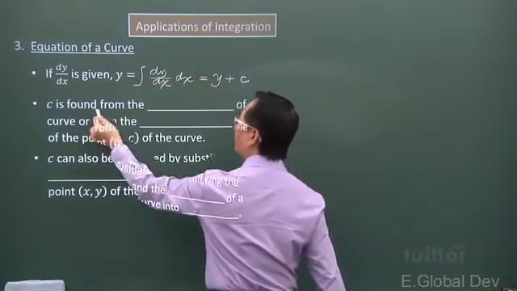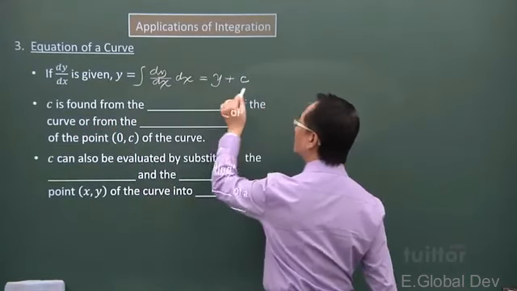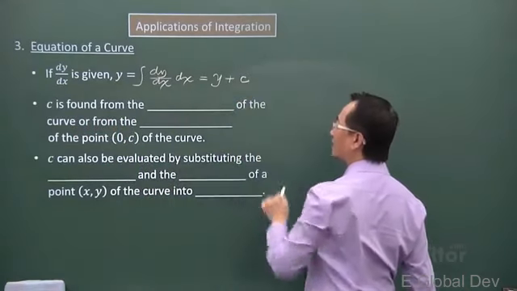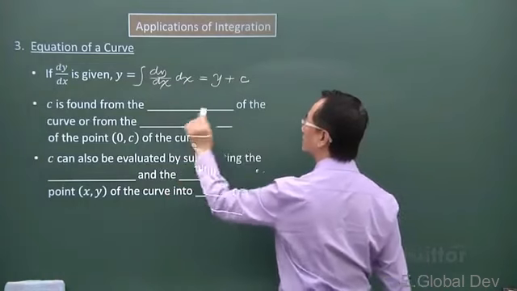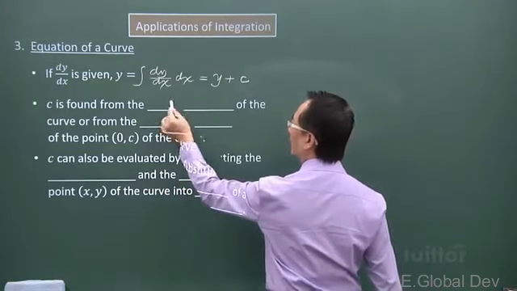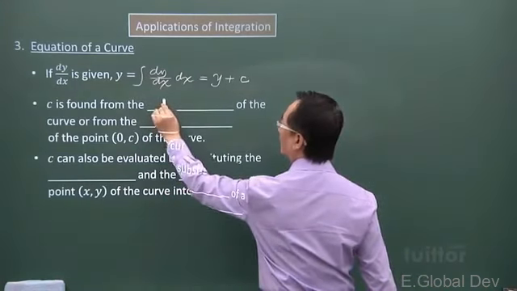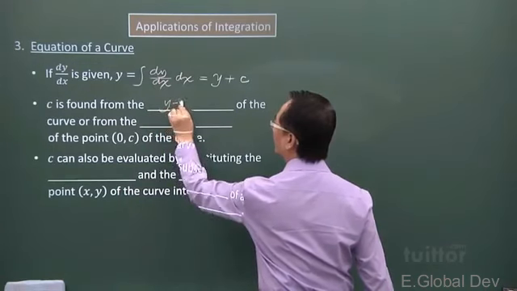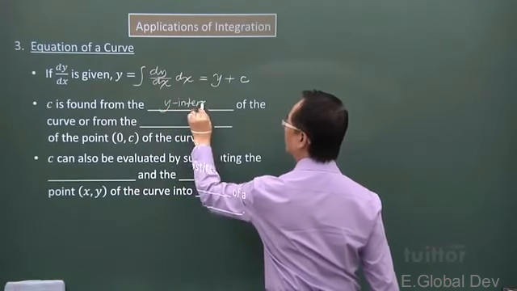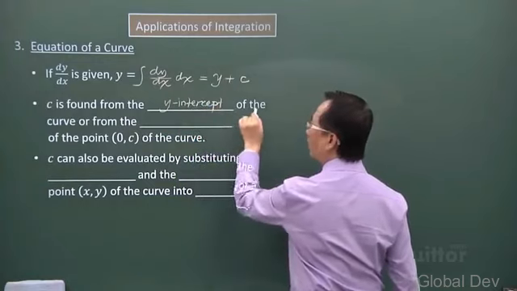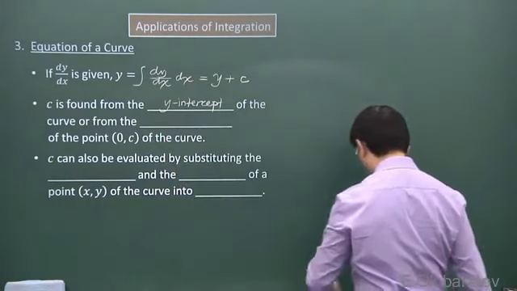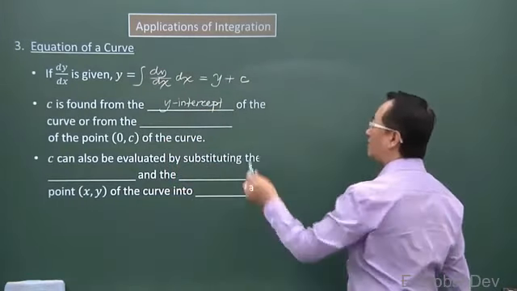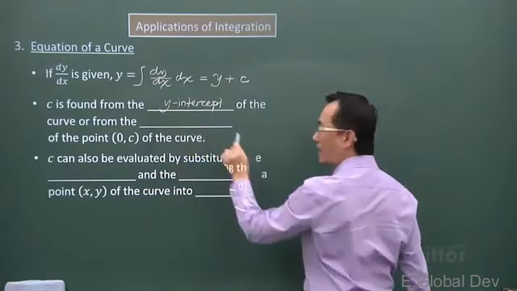So c is found from the y-intercept of the curve. Let me just talk about this y-intercept.